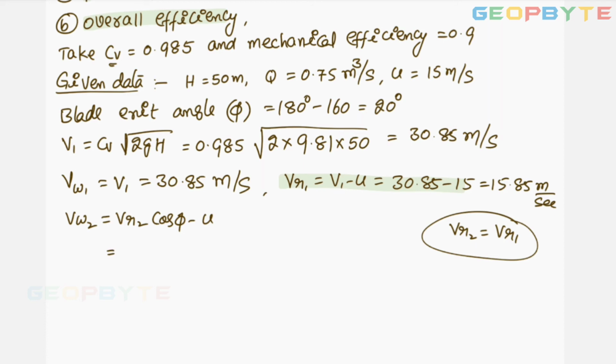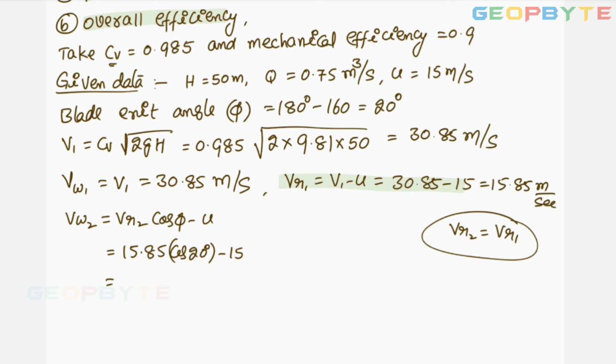So VR1 15.85 cos 20 degrees minus U, 15. Let us simplify the value: 15.85 into cos 20 minus 15.